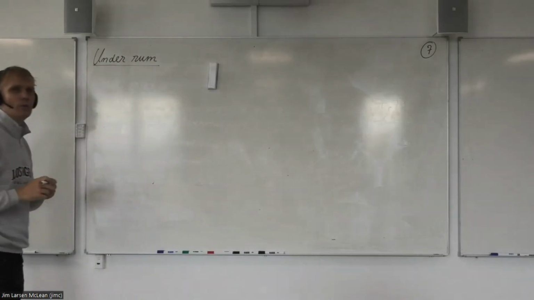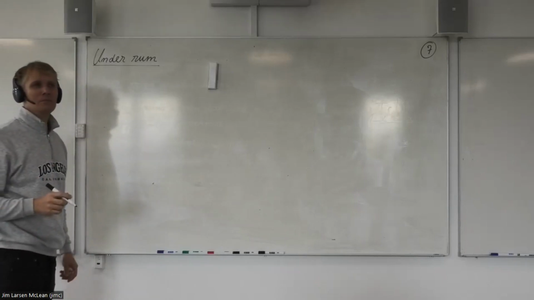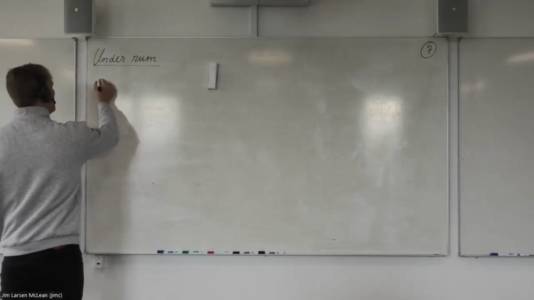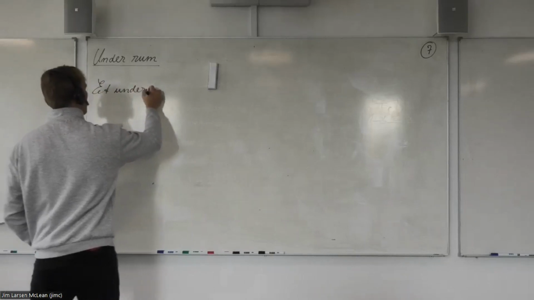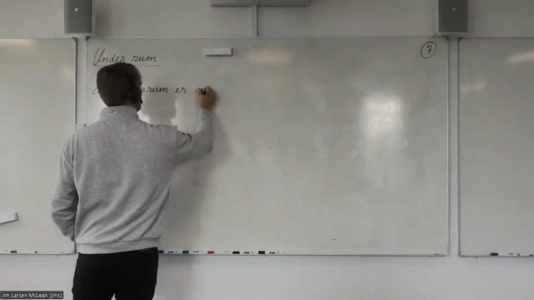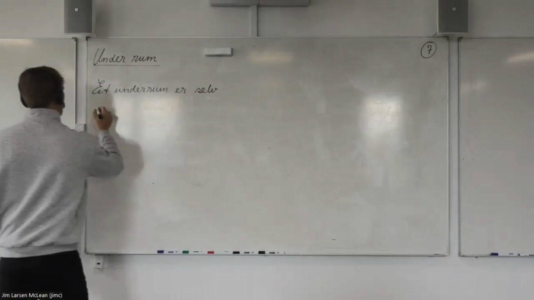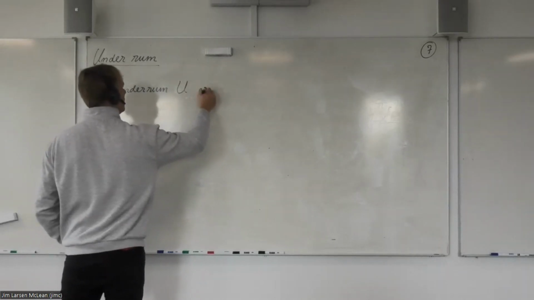What is a subspace? It is a subspace of a vector space. That is the first thing you can say about it: a subspace is itself a vector space. And maybe I should write a subspace U.